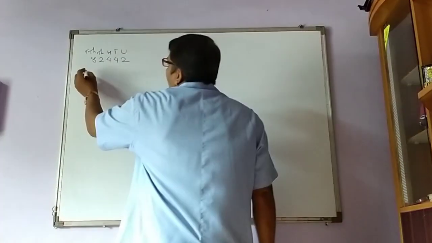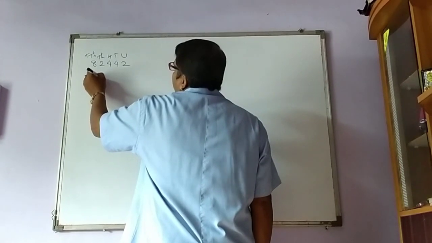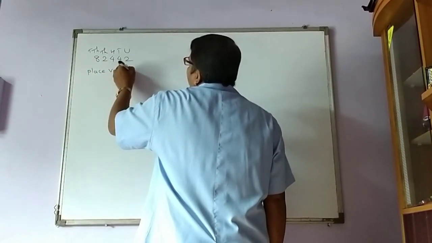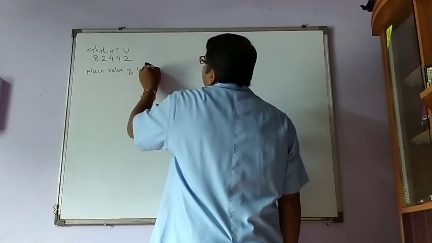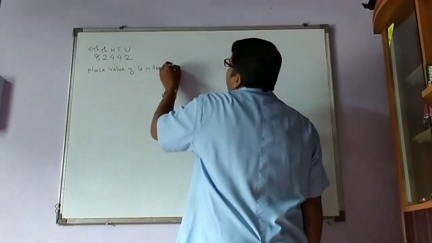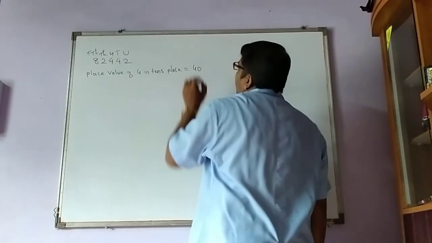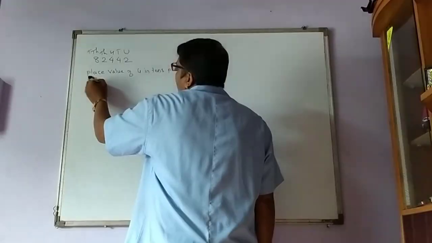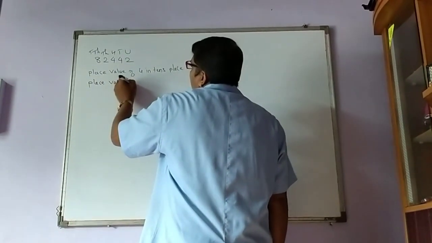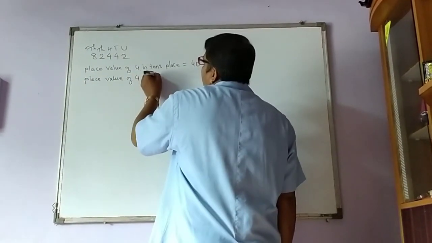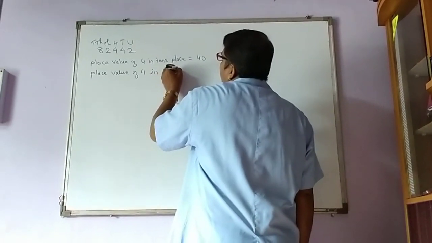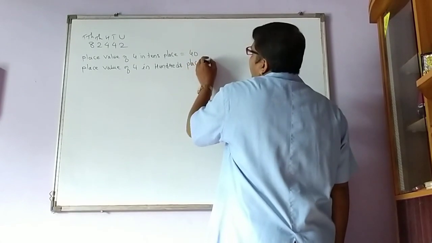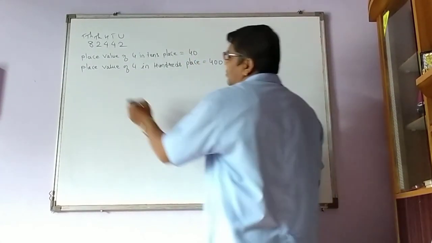Now here, what is the place value of 4 in tens place? How much is it? Definitely 40. And the place value of 4 in hundreds place, how much is it? Yeah, exactly 400. Now the difference.